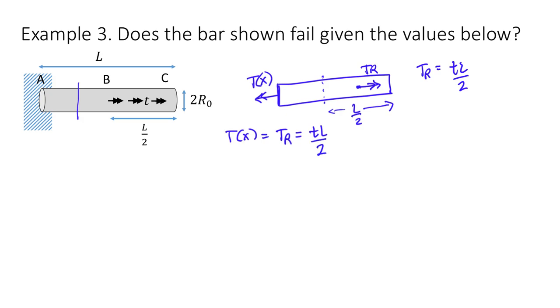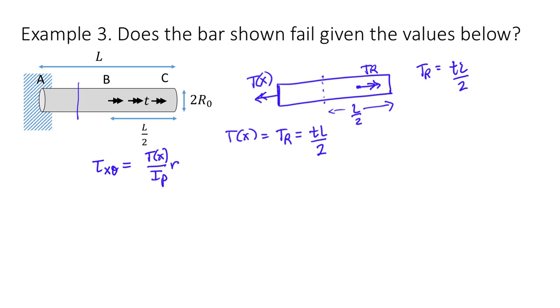Now I'm ready to use the other equations I had identified before. One of them is for the shear stress in the original coordinate system, which is this x theta coordinate system, which is equal to T of x over IP times r.